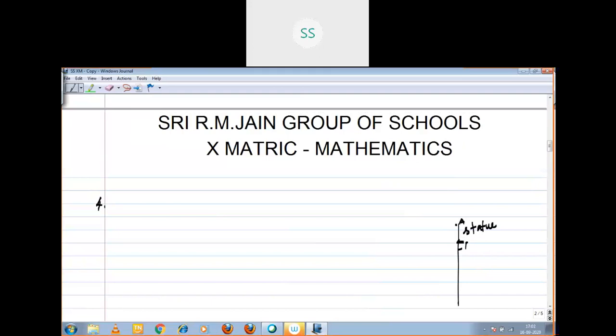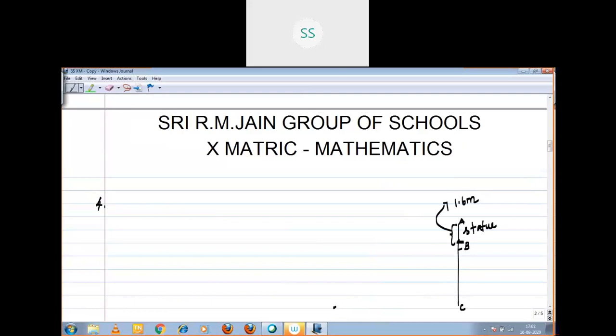This is your statue, A, B, C. AB is your statue, and BC is the height of the pedestal. The measurement given to you is 1.6 meters.